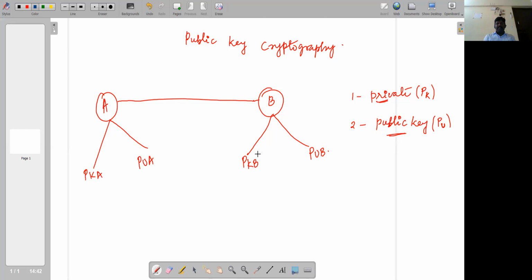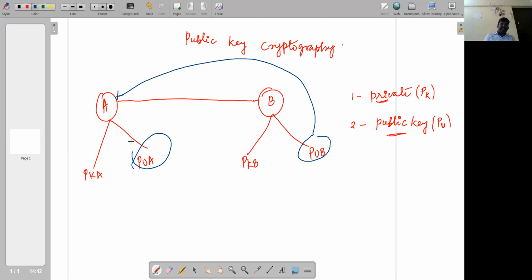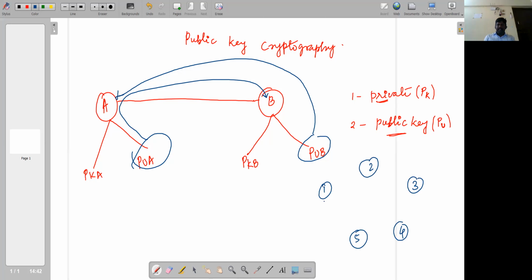So, for example, the public key of user B can be shared with user A. Similarly, the public key of user A will be shared with user B. Very similarly, if there are n users, say user 1, user 2, user 3, user 4, and user 5, the public key of user 1 will be shared with all the users.